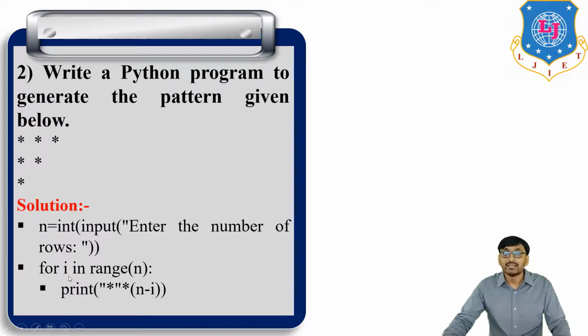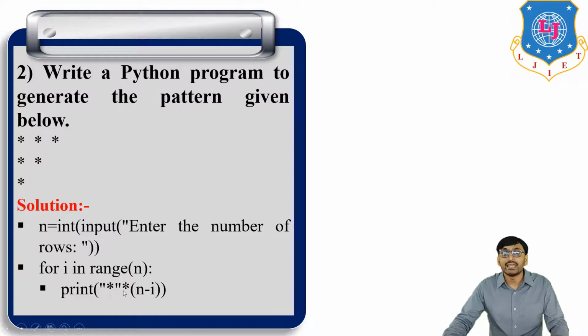Now the second element, i is equal to 1, is transferred here. So 3 minus 1 is equal to 2. So star into 2 means star 2 times. And for the third element, i is equal to 2, is transferred here. So 3 minus 2 is equal to 1.